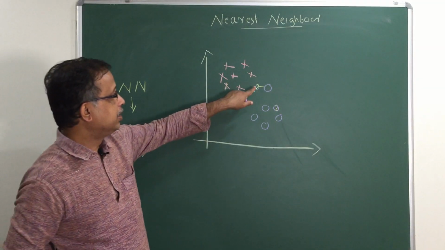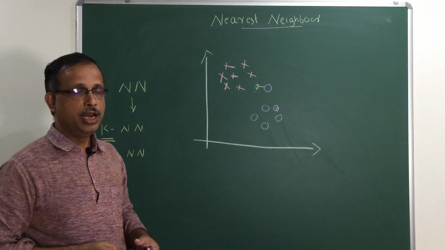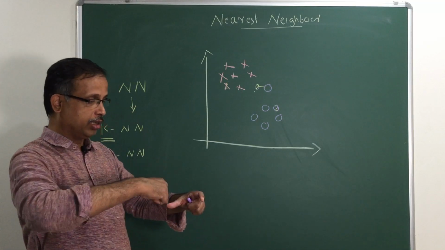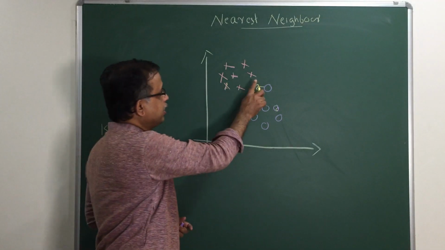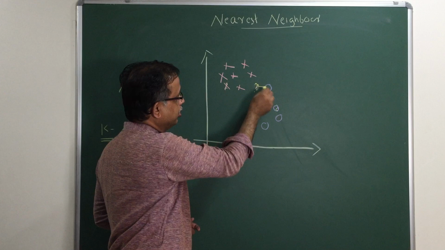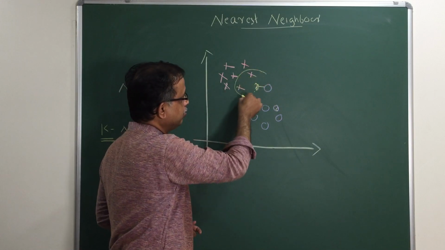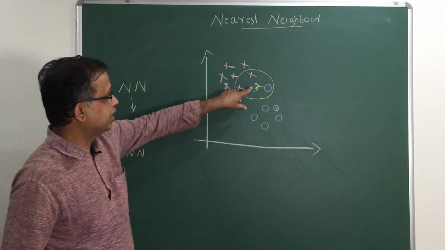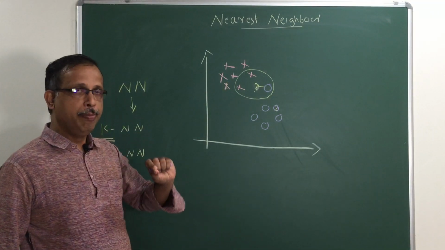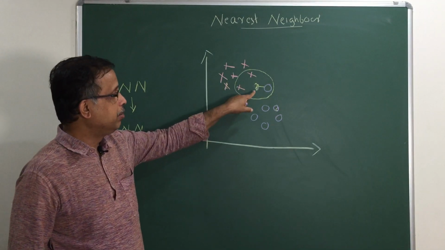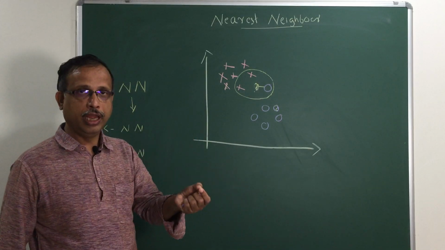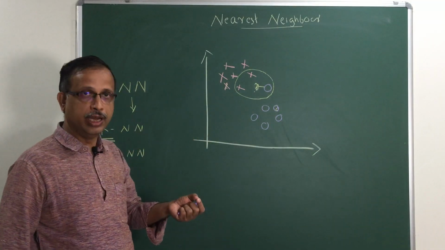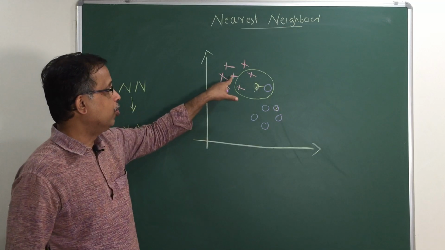Instead of looking at the nearest neighbor, let us look at 3 nearest neighbors. So what are the 3 nearest neighbors to this sample? And if you look at 3 nearest neighbors and make the prediction based on the majority in the labels of those 3 nearest neighbors, it is going to be orange.